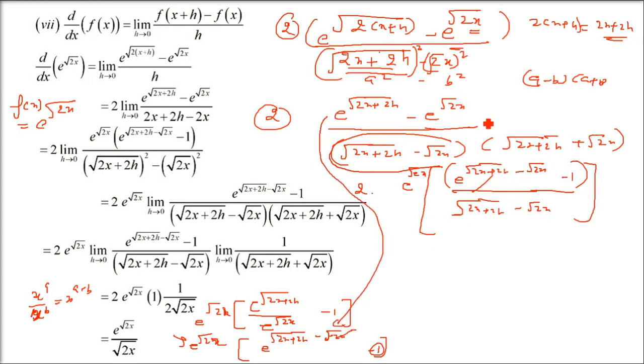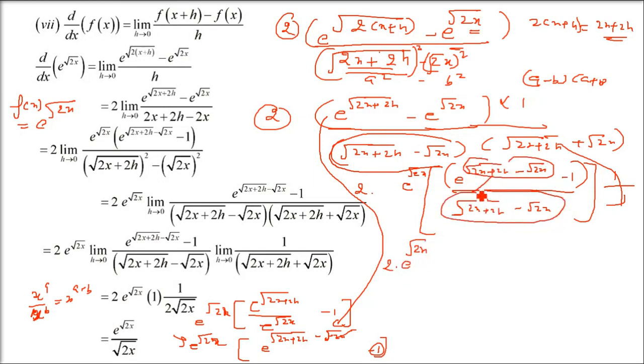We have replaced this. Now this is done. This is 1 by, which we will deal with later. First, let us see this: 2 e raised to under root 2x, and this is e raised to theta minus 1 by theta. Same thing, we can assume it to be e raised to y minus 1 by y, which equals 1. So this whole is going to be 1.